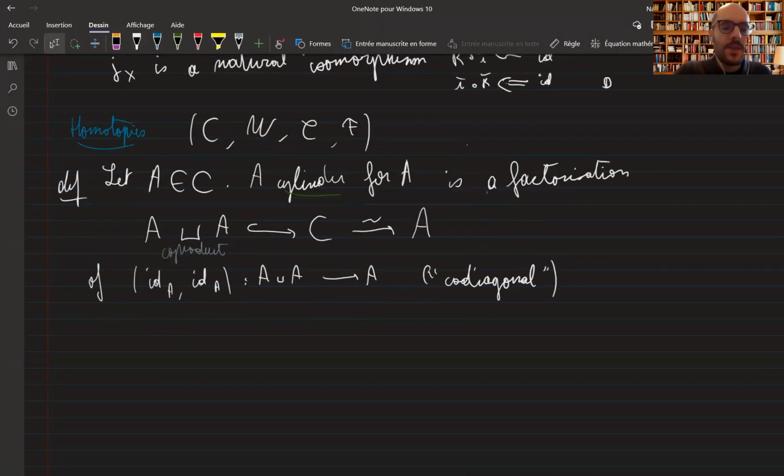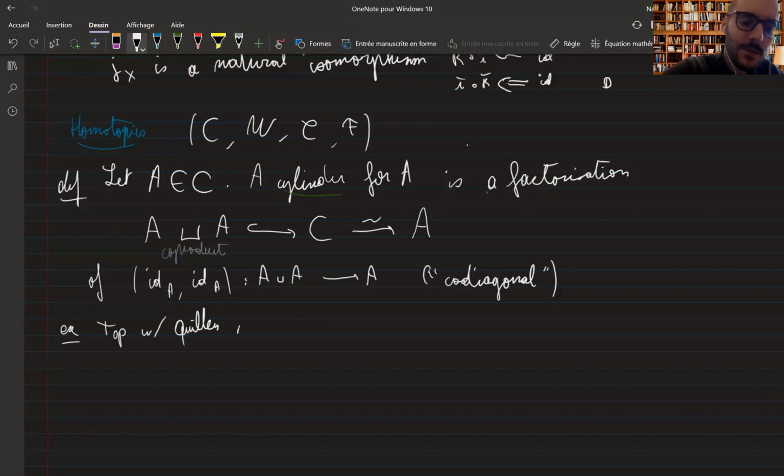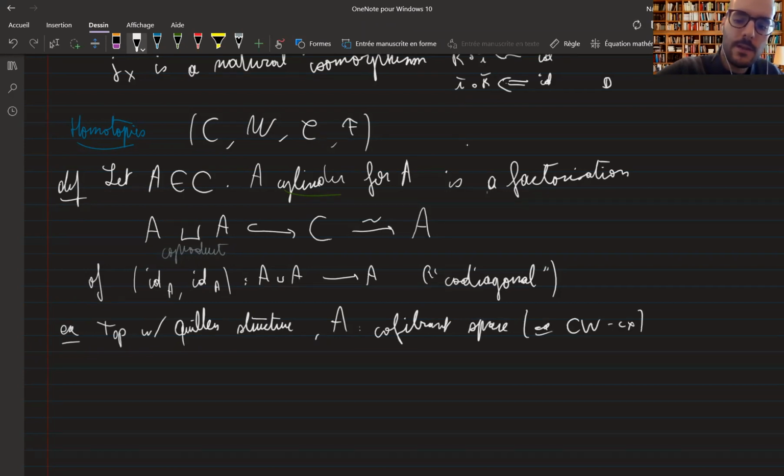So this is a bit of an abstract definition, but let me give an example and it will be much clearer. Let's take Top with the Quillen structure, and let A be a cofibrant space, for example a CW complex.